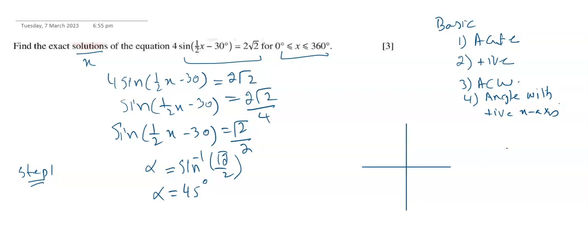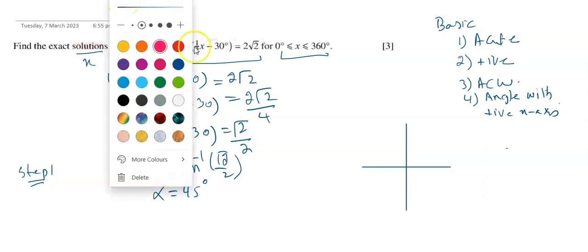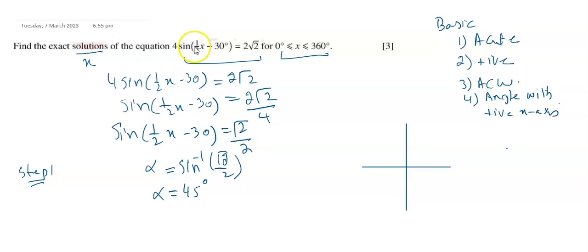If you can see here, the sign of the trigonometric function in this case is positive. Sine of this whole angle is equal to plus radical 2 upon 2. So it's with the positive sign. It means sine is positive.